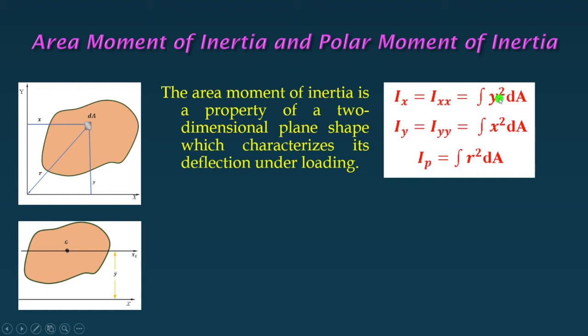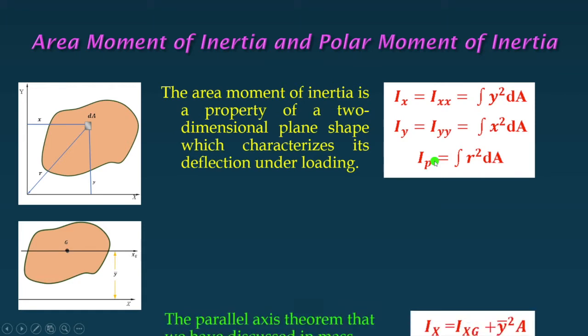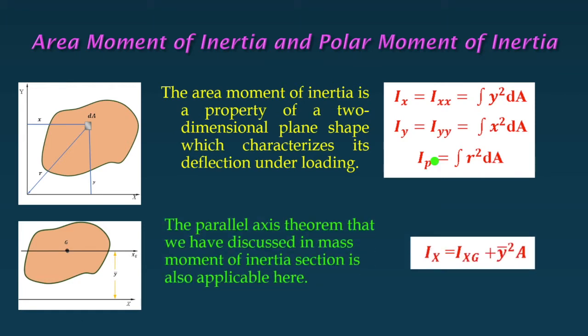So Ix equals integral of y squared dA, whereas Iy equals integral of x squared dA. About the z axis, the distance is r, so it is r squared dA, and this is termed the polar moment of inertia.